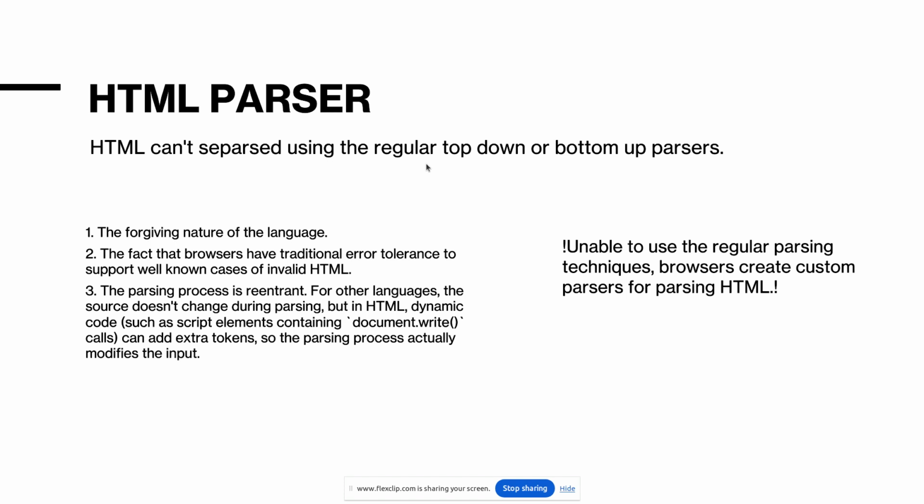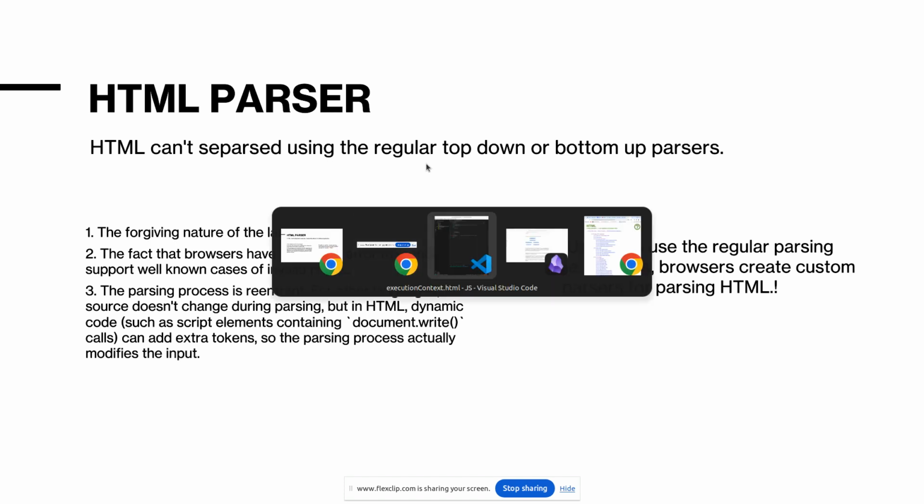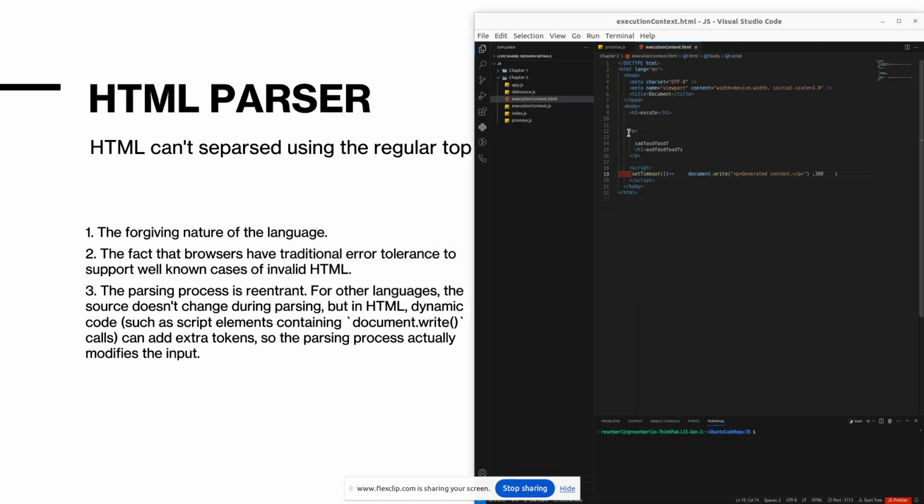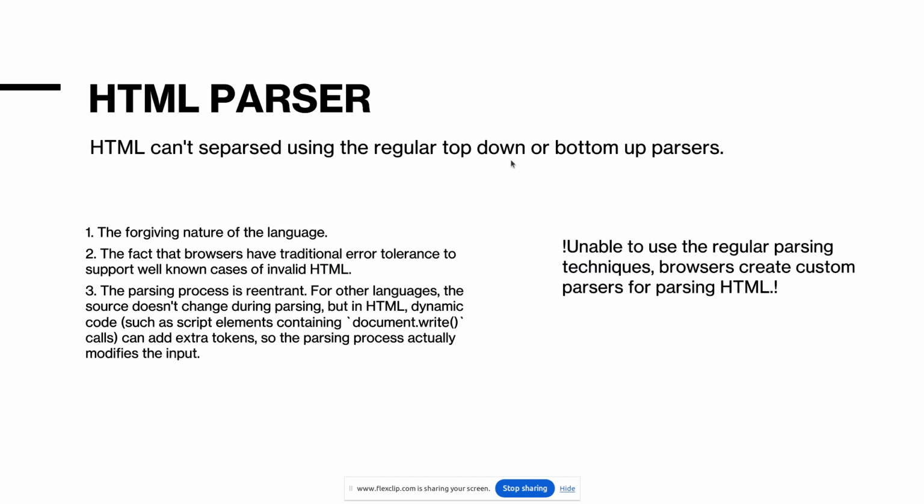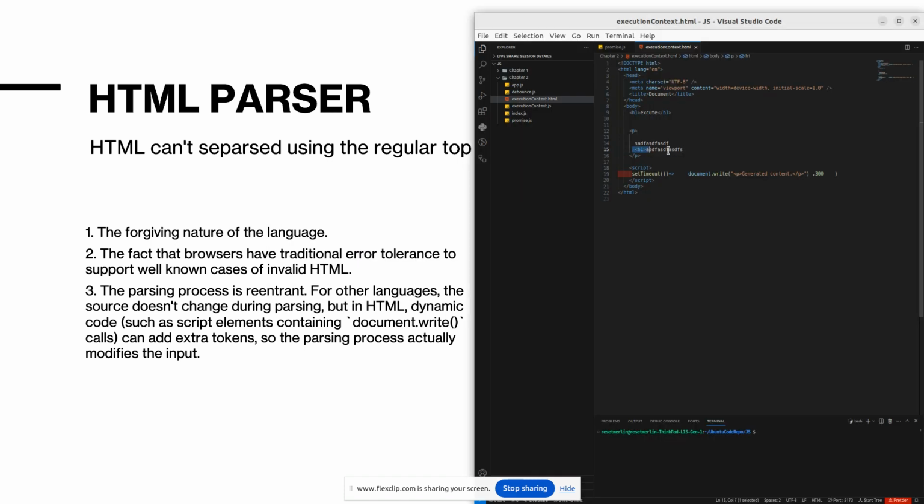So for example, look at this. I put only the opening H1 tag and not the closing H1 tag. If it were a real programming language, like a top-down or bottom-up parser, there would be some kind of error, because there should be a close tag, and if it can't find the close tag, there's going to be an error.